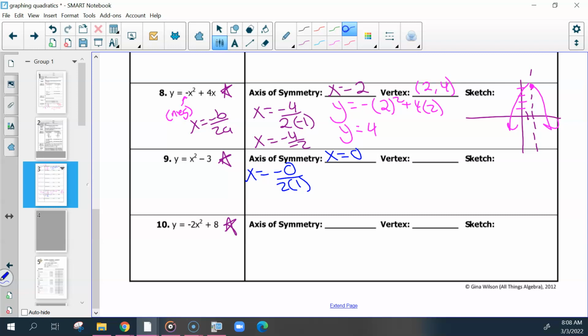If we put 0 into this equation to find y, what is our y value? Negative 3. So our vertex is at 0, negative 3. Draw in your rough sketch.